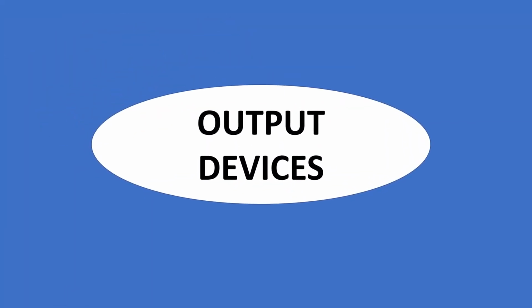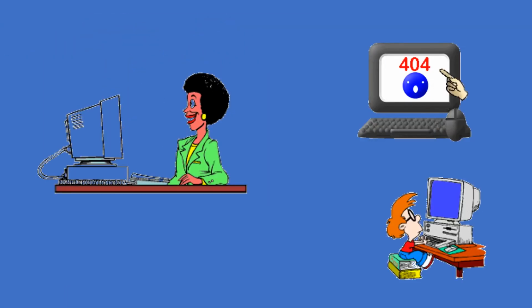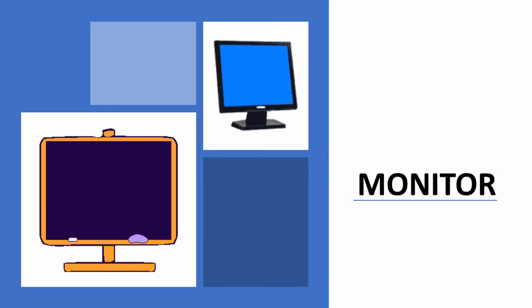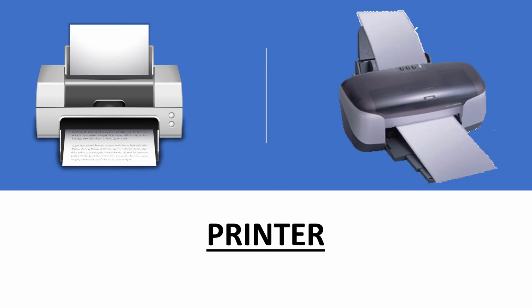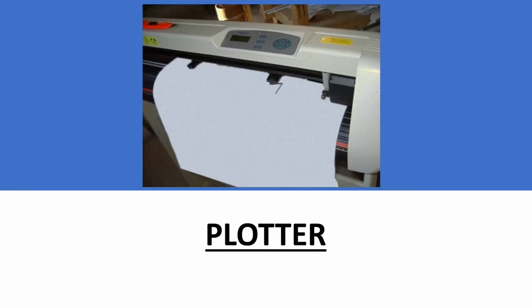Output devices. An output device is any device that receives data from a computer, usually for display to the user's monitor. A computer monitor is an output device, which displays information in pictorial form. Printer. A printer is a machine that can be connected to a computer to print informations on a paper. A plotter is an output device used for printing vector graphics. Plotters use a pen, pencil or marker to draw multiple, continuous lines onto paper.